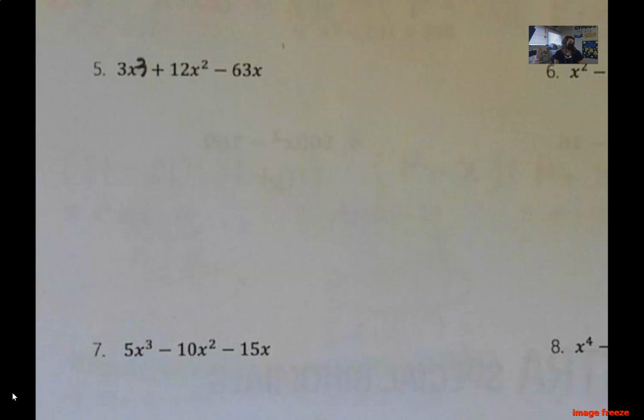Show me card. About 20. 10. 5. 3, 2. Okay, show me.